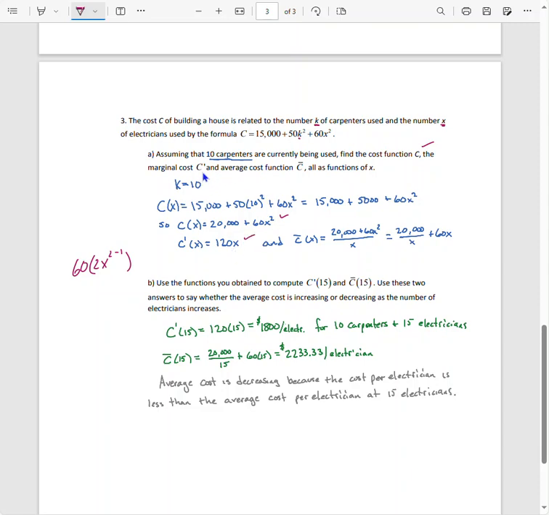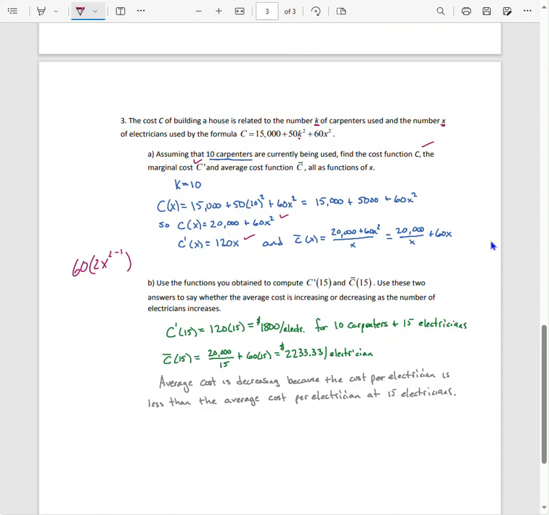All right. So we got cost, we got marginal cost, and average cost. Average cost is we take the cost function, exactly what the cost function was, and we divide it by x. I'm going to take them individually. 20,000 divided by x plus 60x squared divided by x. The x squared over x simplifies.